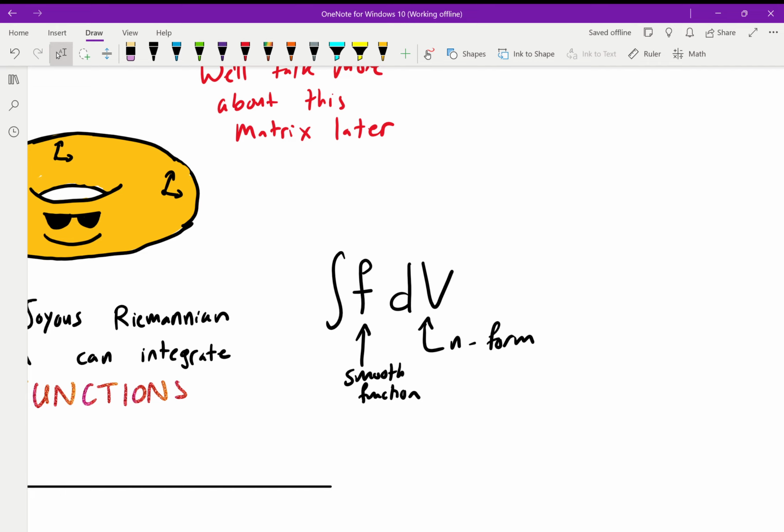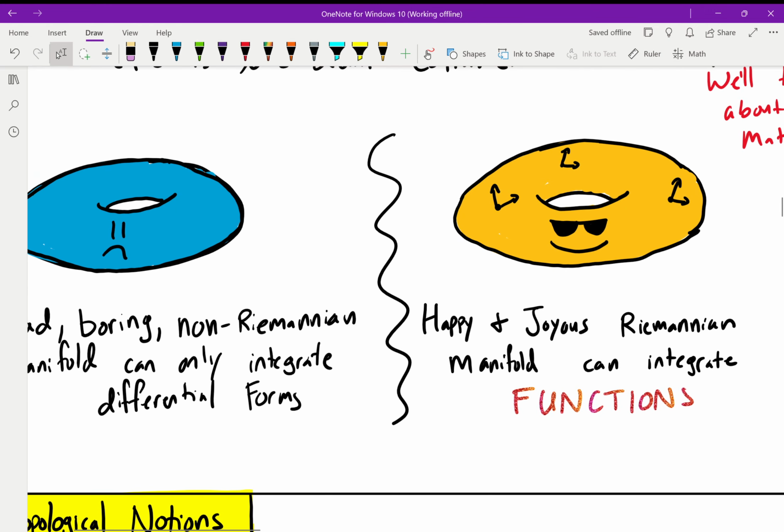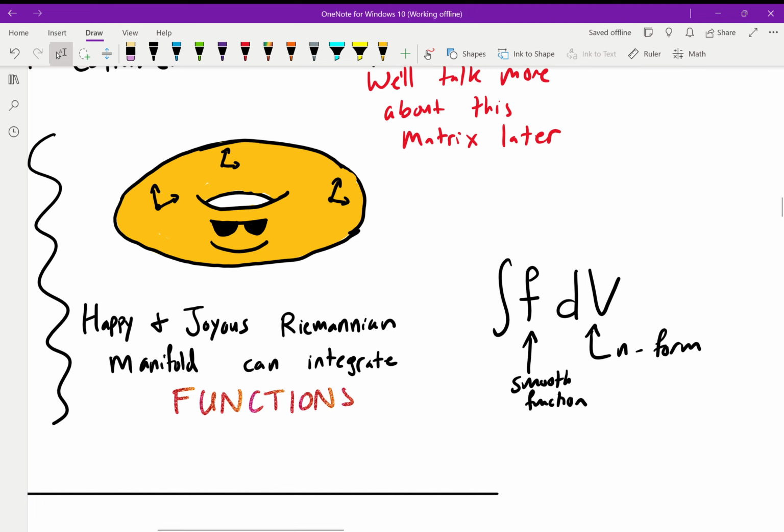So dv is kind of like your standard volume form on the manifold, just like dv is your standard volume form on R^n. Yes. Whereas for differential forms, we could have different things we choose to integrate against. Sure, they all turn out the same, but it need not be a standard form. Yeah, you can only integrate a k-form field over a k-chain in your manifold. Gotcha. So does that answer your question?